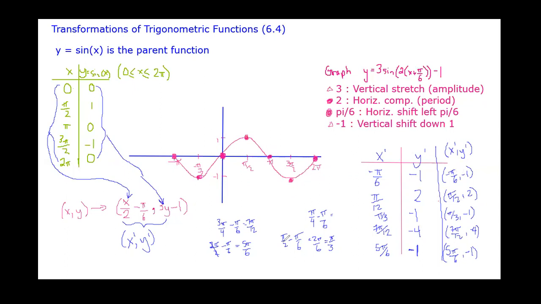Okay, so I'm going to erase this part very quickly. It's supposed to be very quick, but it's not going very quickly. Okay, so what these points turn out to be, if you write them all with a common denominator of 12, would be negative 2 pi by 12, negative 1, pi by 12.